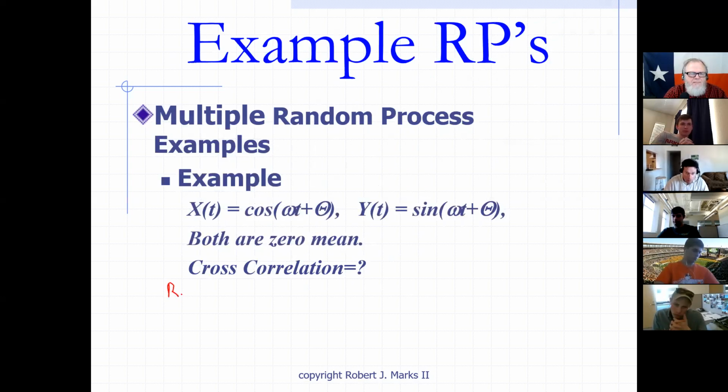R sub xy of t and tau is equal to the expected value of the cosine of omega t plus phi times the sine of omega tau plus phi. Notice, because the second value has to be tau plus phi.